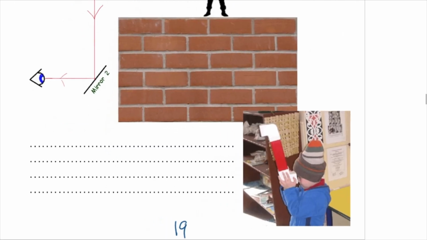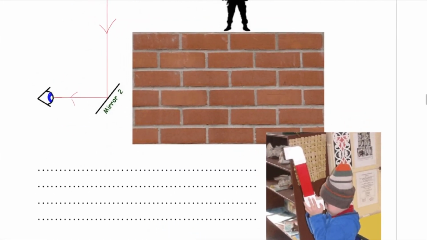Underneath, in your own words, two things here. Explain what periscopes can be used for and how they work. So, what can periscopes be used for and how do they work?